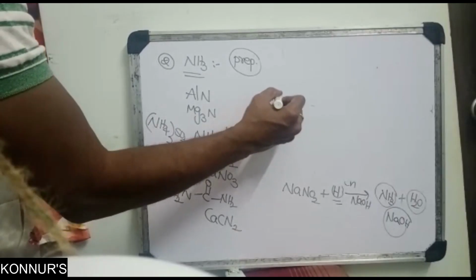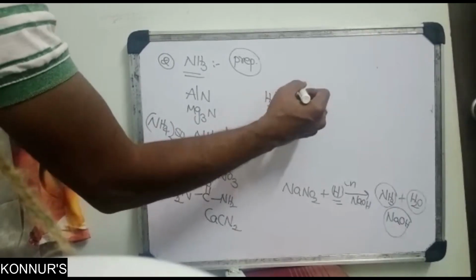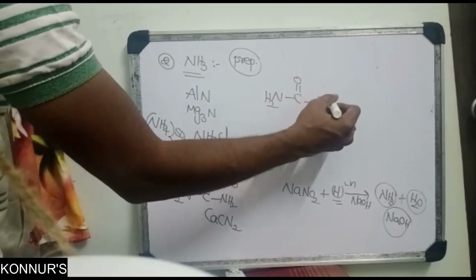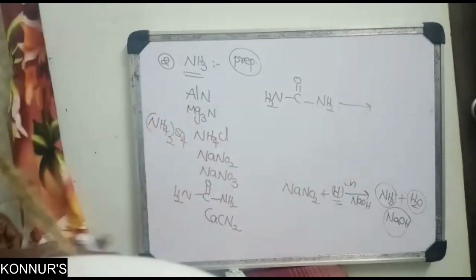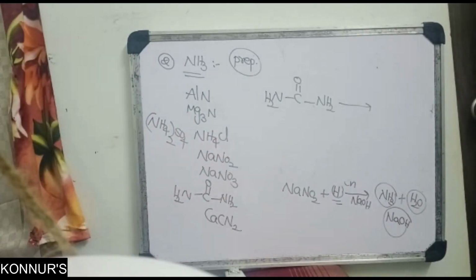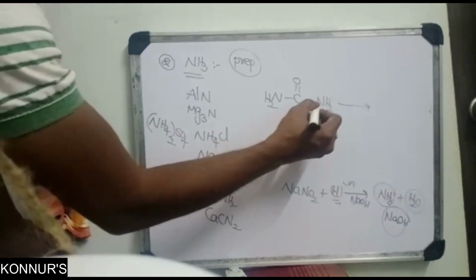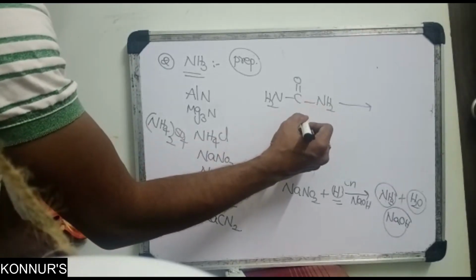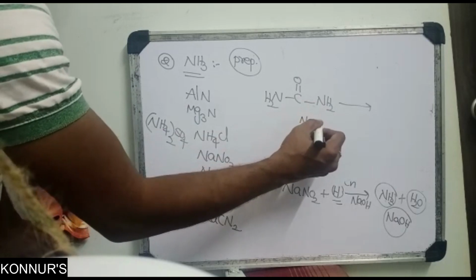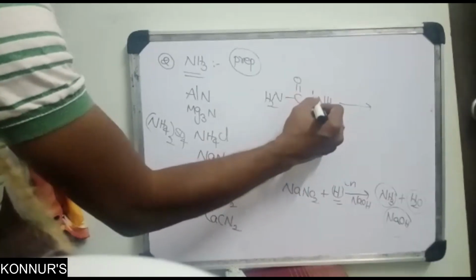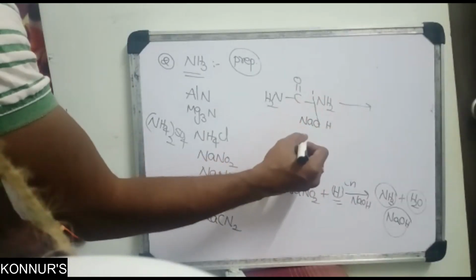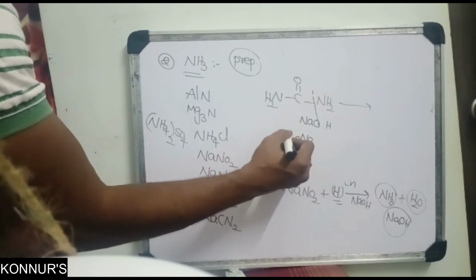So urea, NH2, CO, NH2. See, here you take NaOH. So bond breakage happens. Here also NaOH.